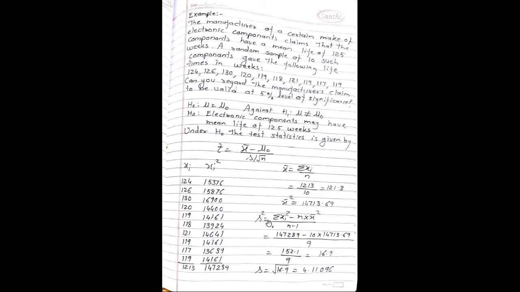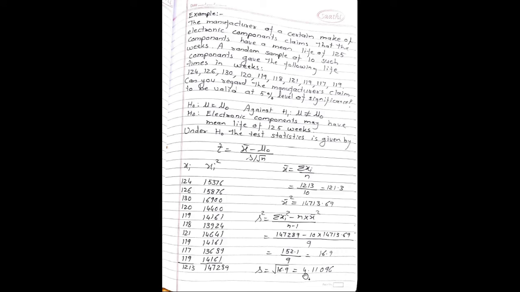So s square is calculated as summation xi square minus n into x bar square upon n minus 1, which is equal to 147,289 minus 10 into 121.3 square, which is 14713.69. So 10 into 14713.69 subtracted, divided by 9. So the answer is 152.1 divided by 9. So it becomes 16.9. We need the value of s, which is square root of 16.9.